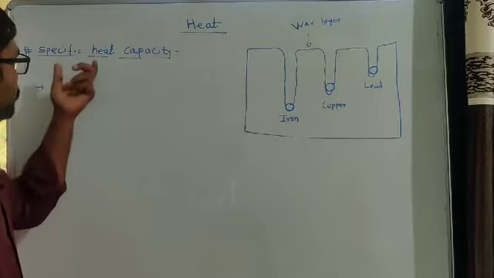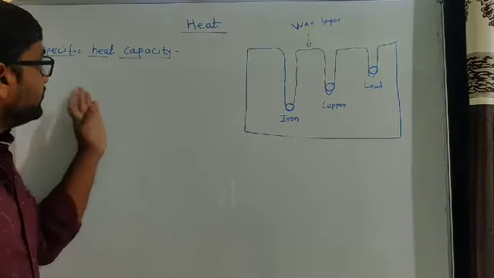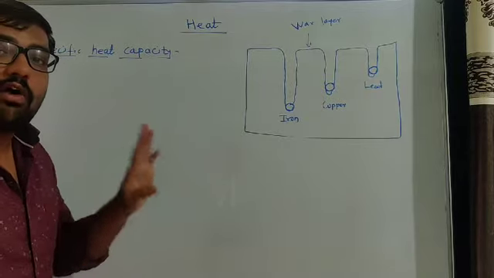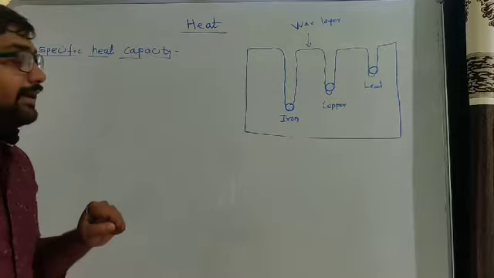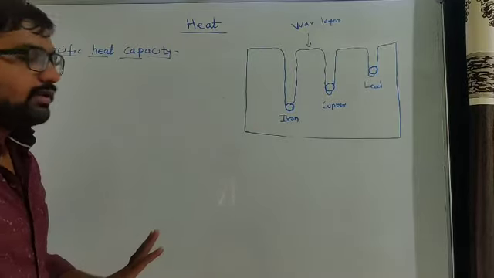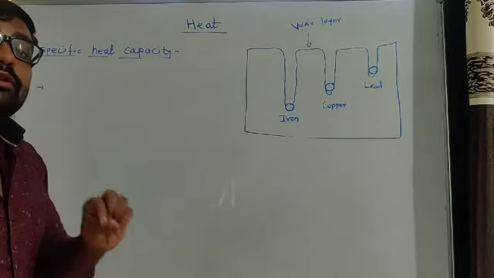That is due to the specific heat capacity of the substance. So we can say that the temperature of all three balls is equal, no doubt about that, but still what about the heat?